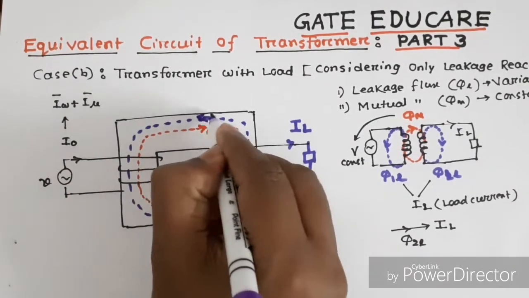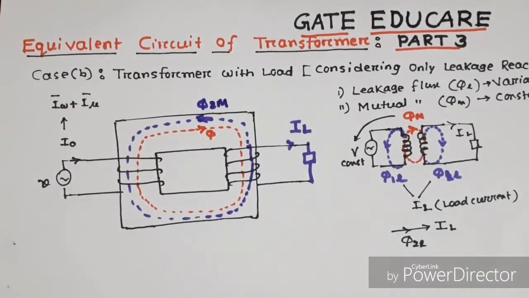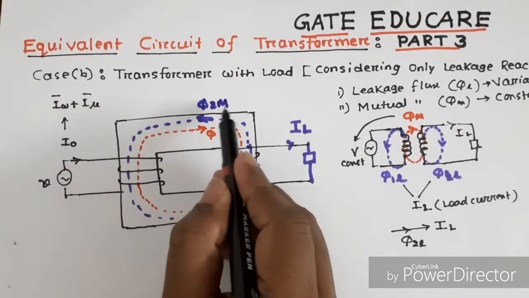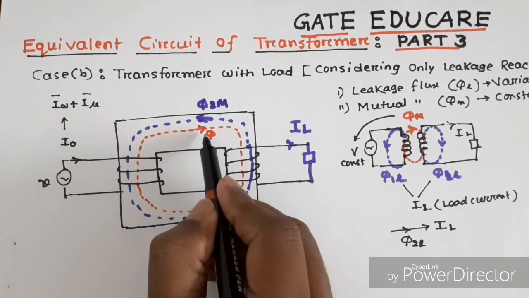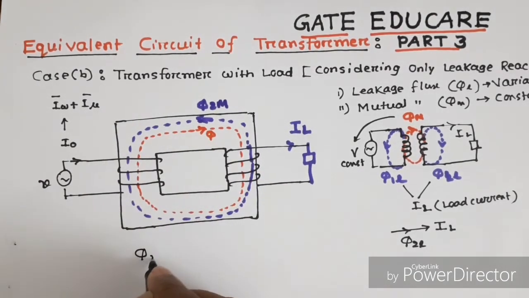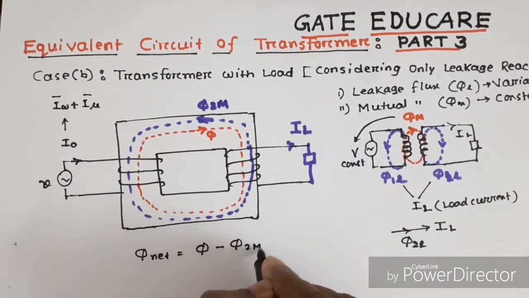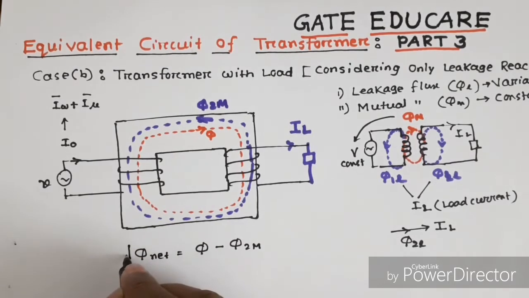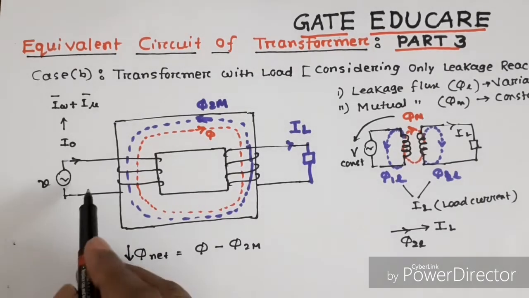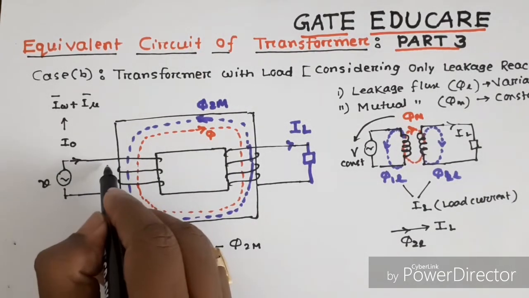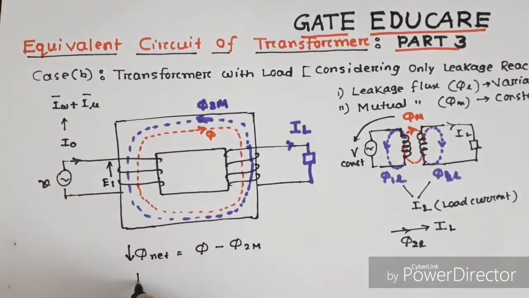Now, since the phi 2m, due to the current IL, opposes the main flux phi, therefore net flux phi net will be phi minus phi 2m. Therefore, net flux tends to reduce. As the flux tends to reduce, therefore the induced EMF E1 also tends to reduce.